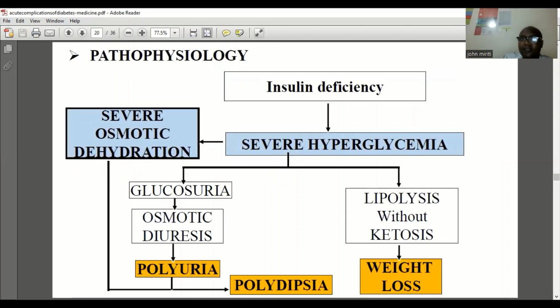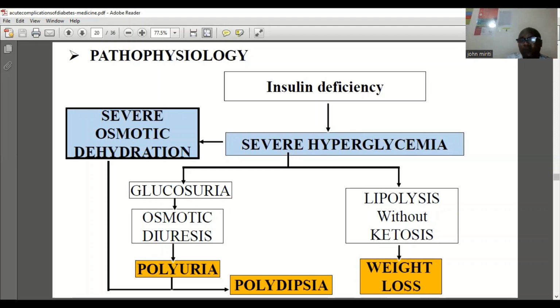There is insulin deficiency in this type of patient because of various reasons, such as skipping injections. Then there is severe hyperglycemia, which results in severe osmotic dehydration. This severe hyperglycemia results in glucosuria, then osmotic diuresis resulting in polyuria.